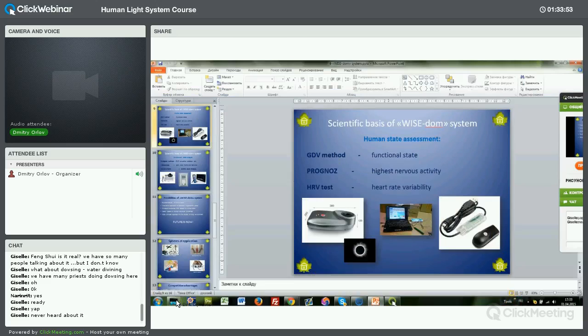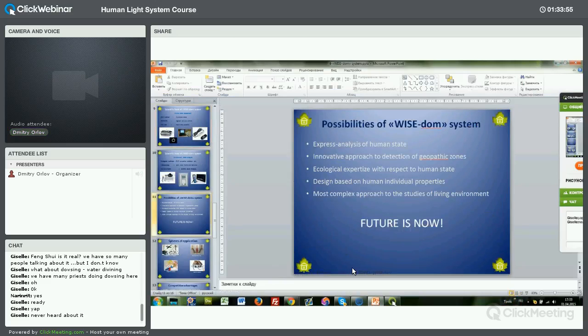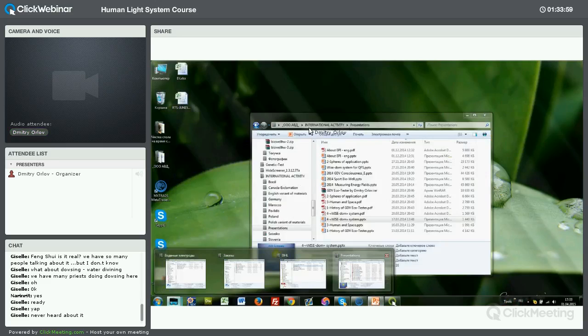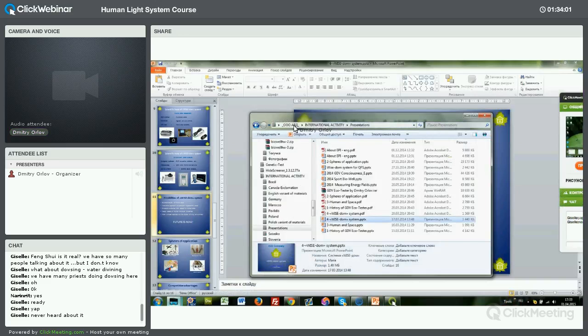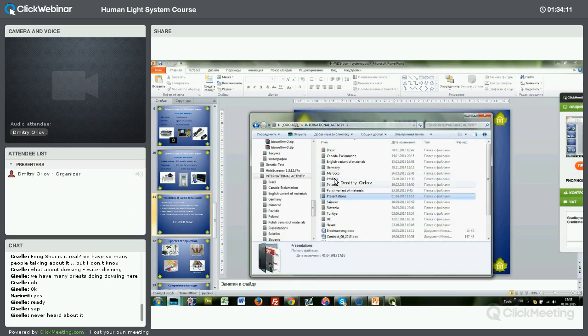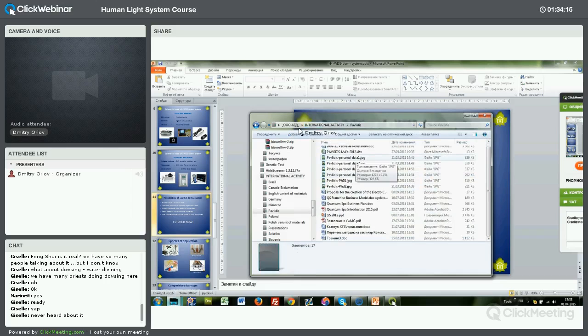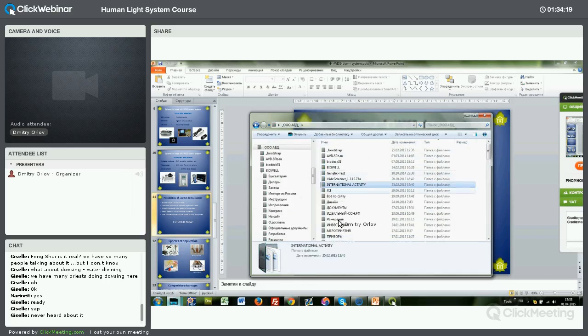Now I will show you, one second, the table that I've created about the activity level of space.